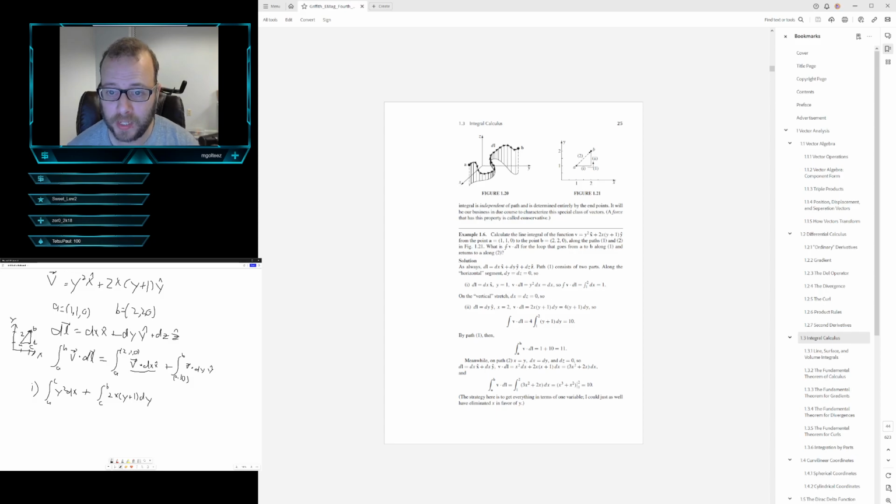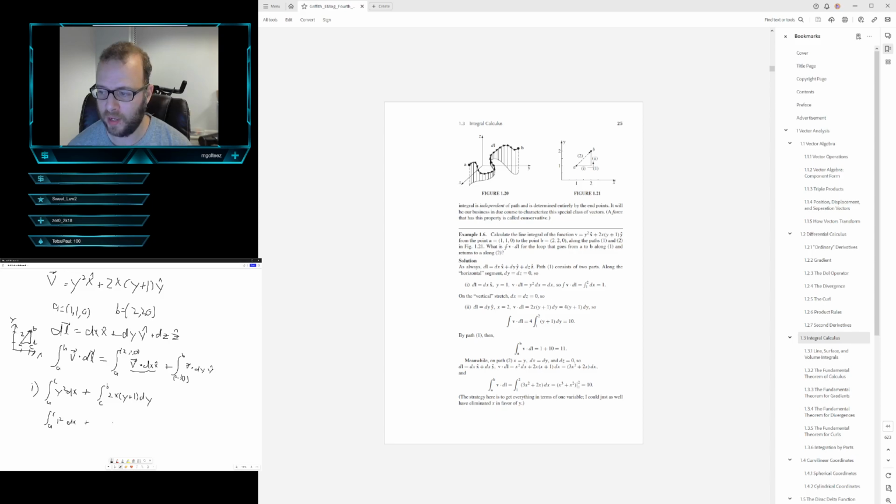And y is 1. So y is 1, so we have 1 squared dx. y doesn't change at all. So we have the integral of A to C of 1 squared dx.